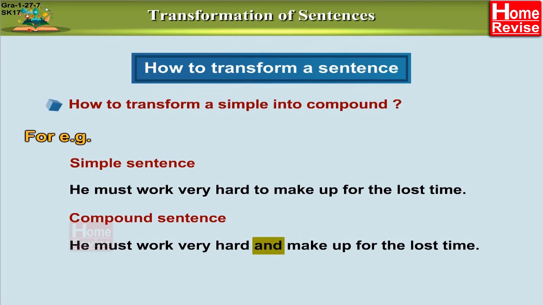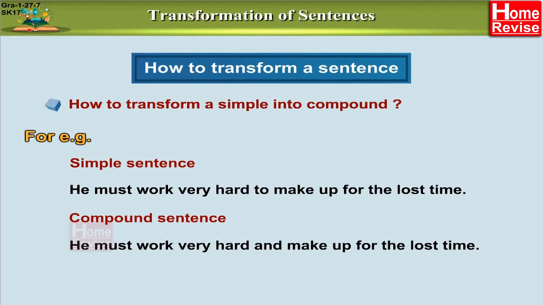Here, and is the conjunction which we have used to make a compound sentence, and we have two distinct main or principal clauses. He must work very hard is the one main clause, and the second main clause is make up for the lost time. Thus, it has become a compound sentence.